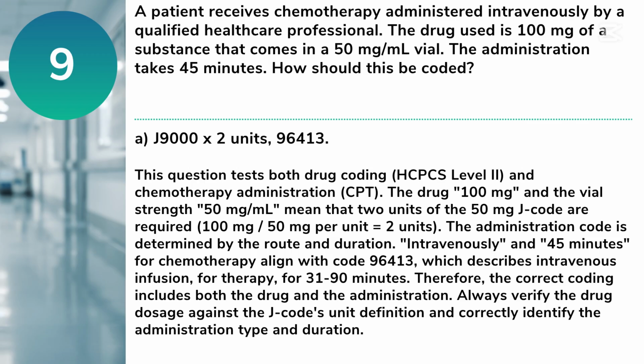The administration code is determined by the route and duration. Intravenously and 45 minutes for chemotherapy align with code 96413, which describes intravenous infusion for therapy for 31 to 90 minutes. Therefore, the correct coding includes both the drug and the administration. Always verify the drug dosage against the J-code's unit definition and correctly identify the administration type and duration.